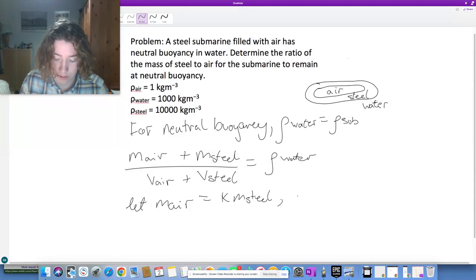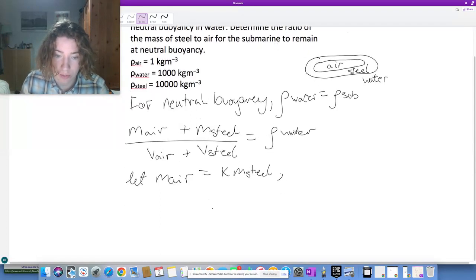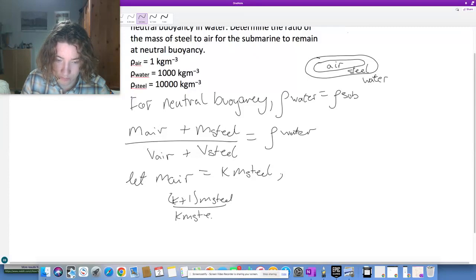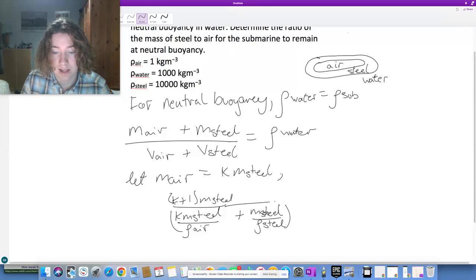Now, this means that if we plug this in, we'd see that K plus 1 times m steel all over K m steel over the density of air plus m steel over the density of steel, because now I've used the densities and I've eliminated the volume variables, equals the density of water.